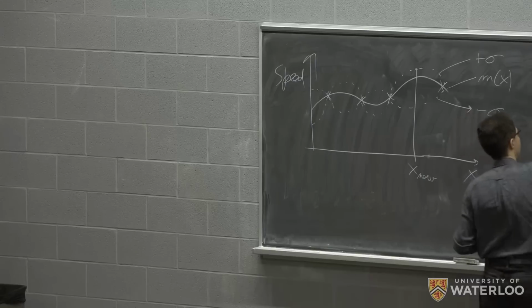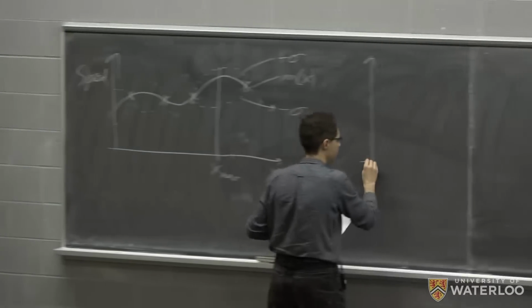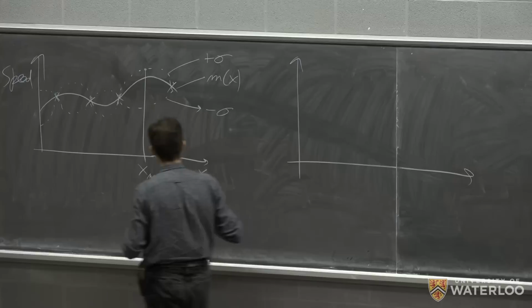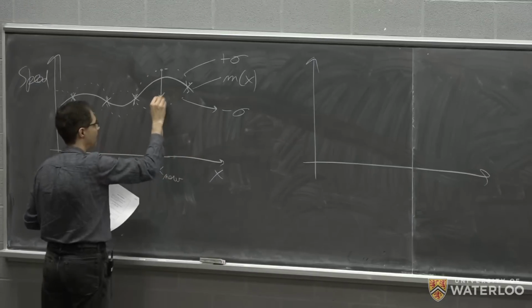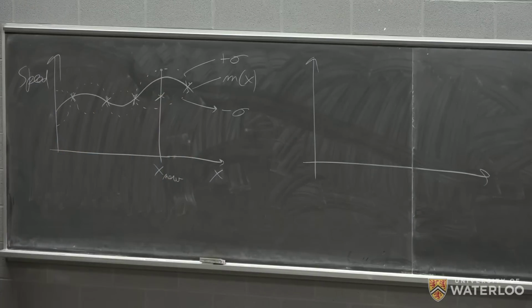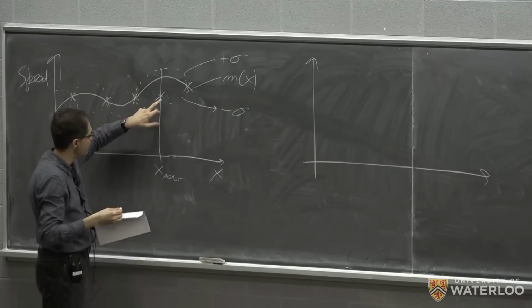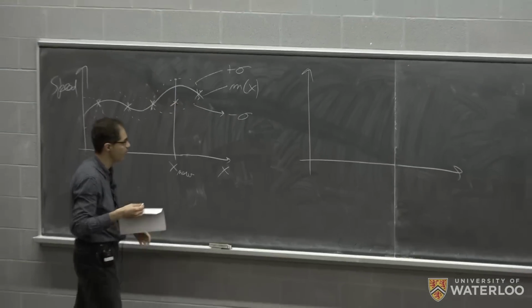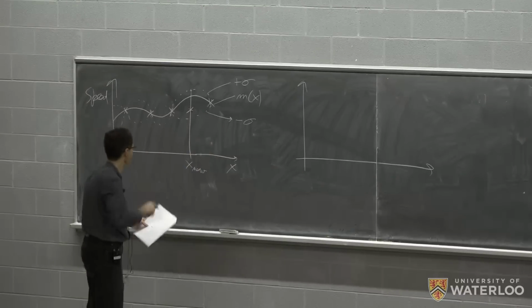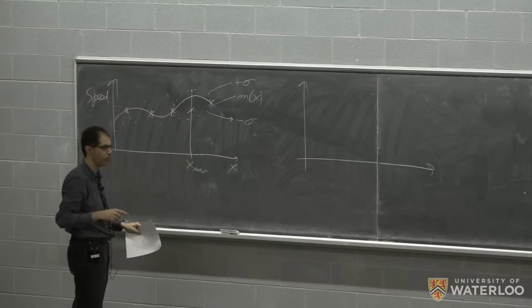Okay, so I carry out the experiment, and I observe the value. And let's say the value happens to be here. Okay, so now I need to revise my Gaussian process to take into account this data point. So I'm going to draw another curve here that corresponds to the updated curve.